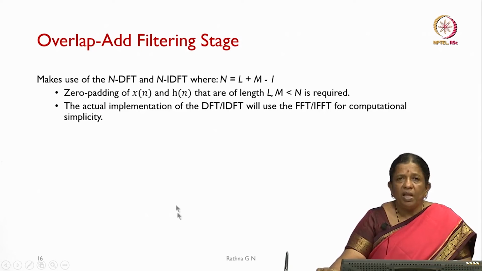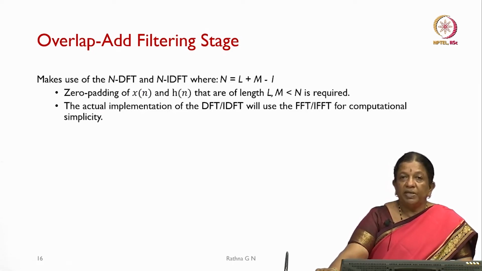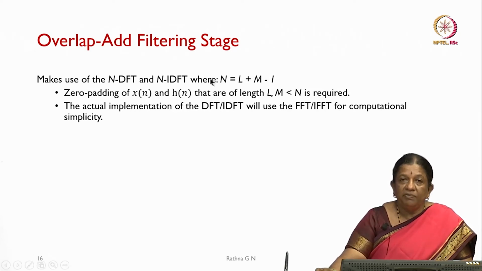So, what is the filtering stage? We make use of the N point DFT and N point IDFT, where N is the DFT or FFT length, which is going to be L plus M minus 1.